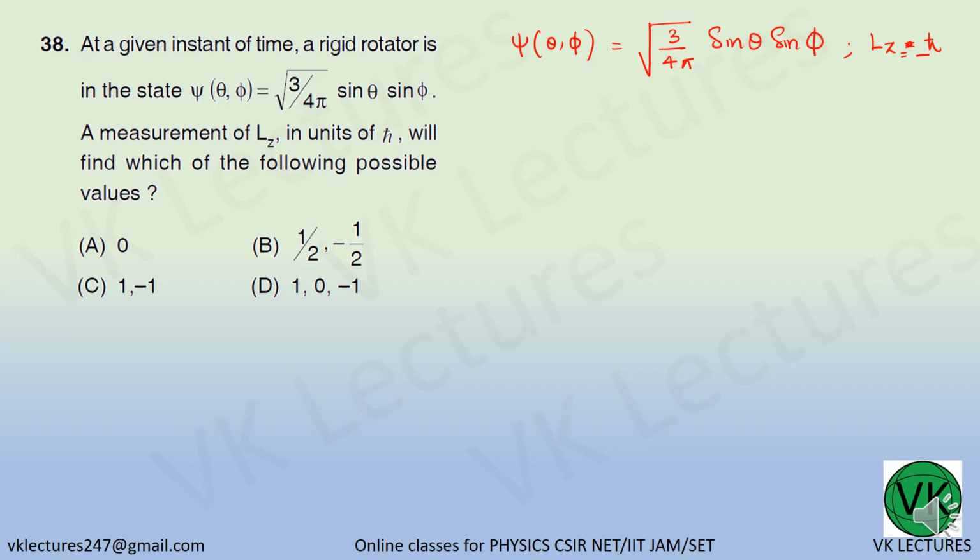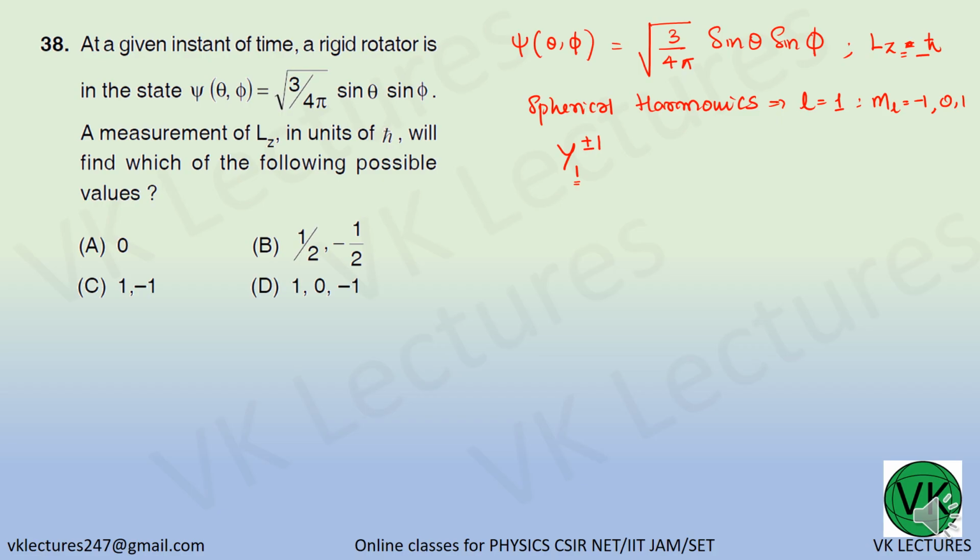Now for spherical harmonics, for L equal to 1, angular momentum L equal to 1, we can write psi 1 plus or minus 1. So this becomes the L value and corresponding m_l value. So m_l value equal to minus 1, 0, 1, like that.